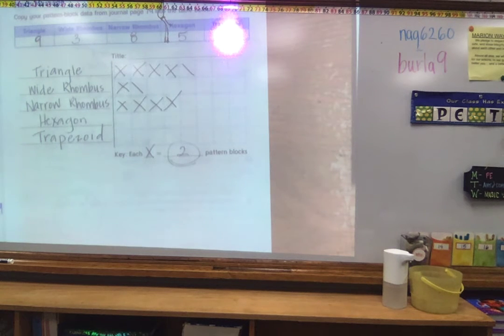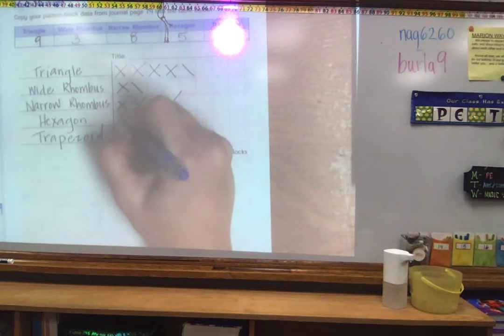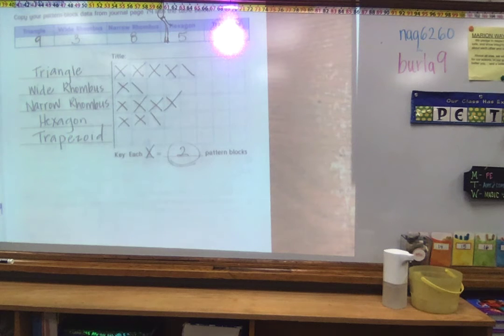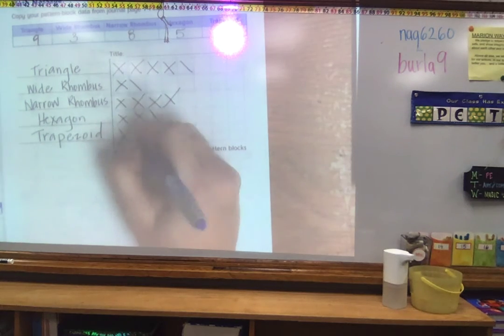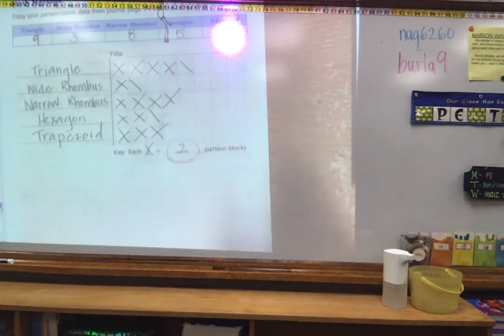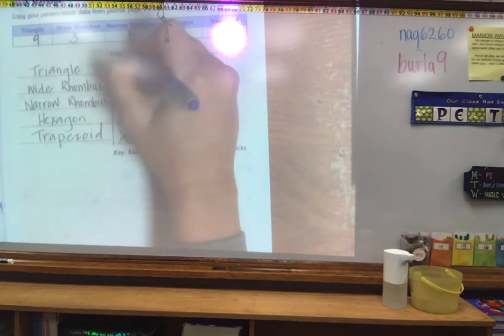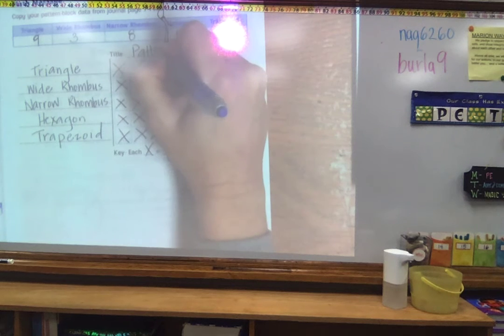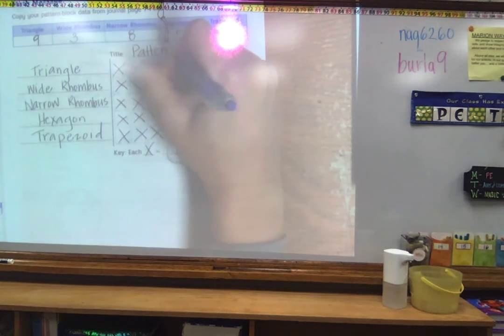Emmy? 2 and 1 half. And for our trapezoid, Daquan? 3 X's. Good. 2, 4, 6. And I did not write our title in, but this was from our pattern block sort.